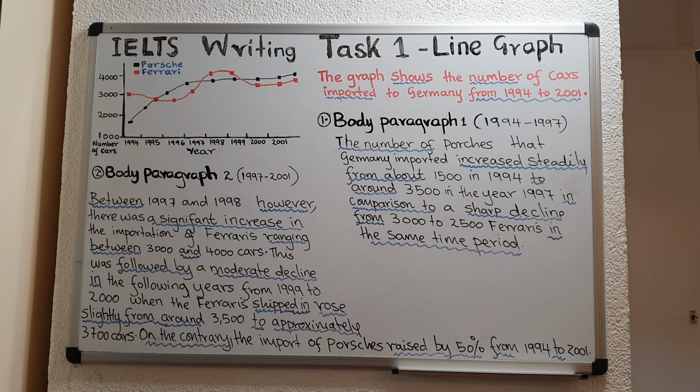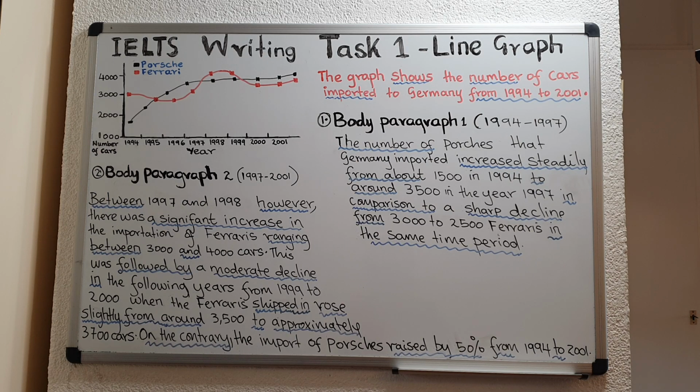So in that body paragraph, you notice that I have used some very important phrases that we use in academic writing when we are comparing graphs or charts. I have underlined them for you, so please memorize them. The number of, increased steadily from about to around, in the year.